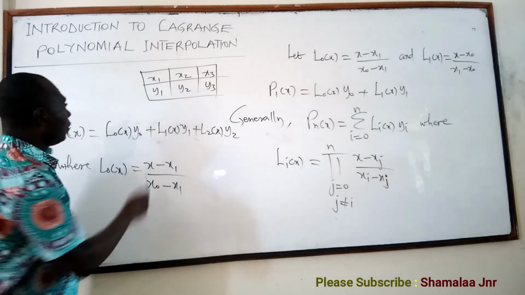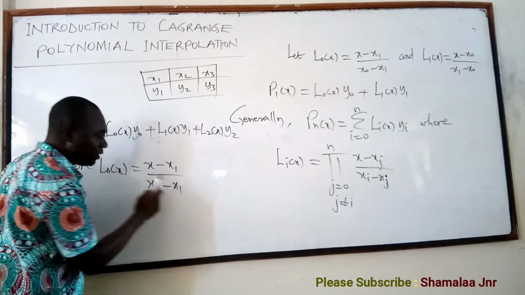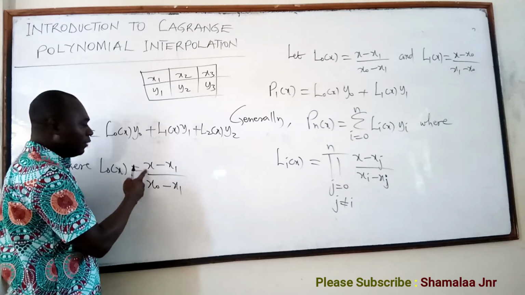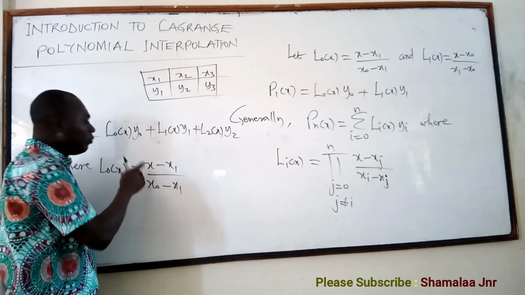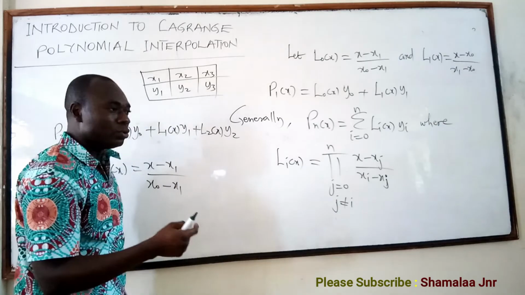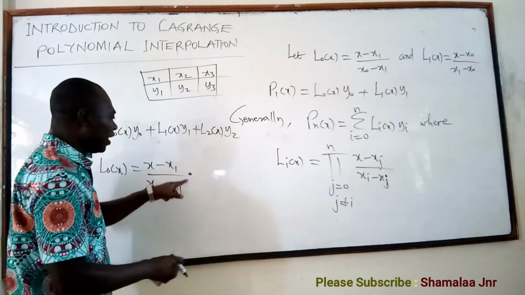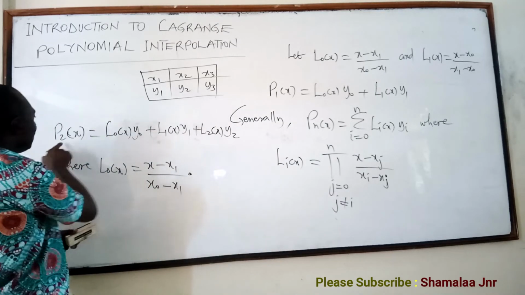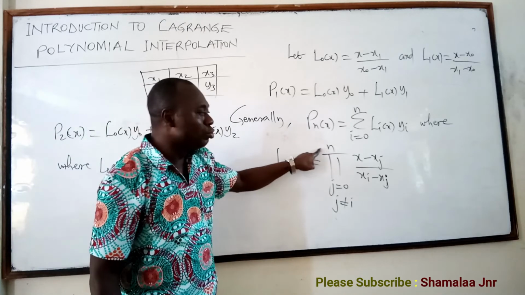So this is a number, this is also a number. After doing the substitution, you are left with x. If you are leaving it as x, then it cannot be a polynomial of degree 2. So there is a need to bring another factor, times, isn't it? And don't forget that this is a polynomial of degree 2, so it means that n is 2.